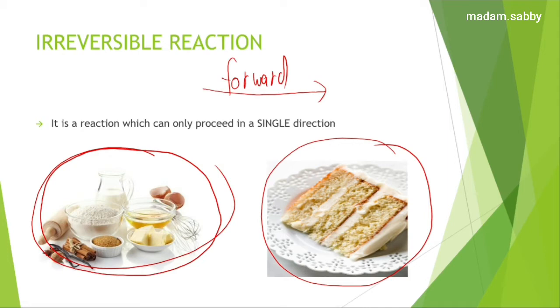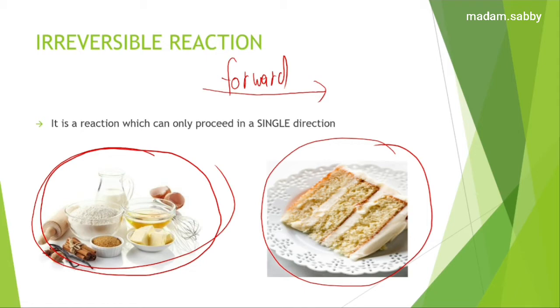Now my question is, can I convert my vanilla cake back to all the ingredients I used before? Milk, eggs, butter, flour, cinnamon powder, cream cheese, vanilla essence. Can I get it back?